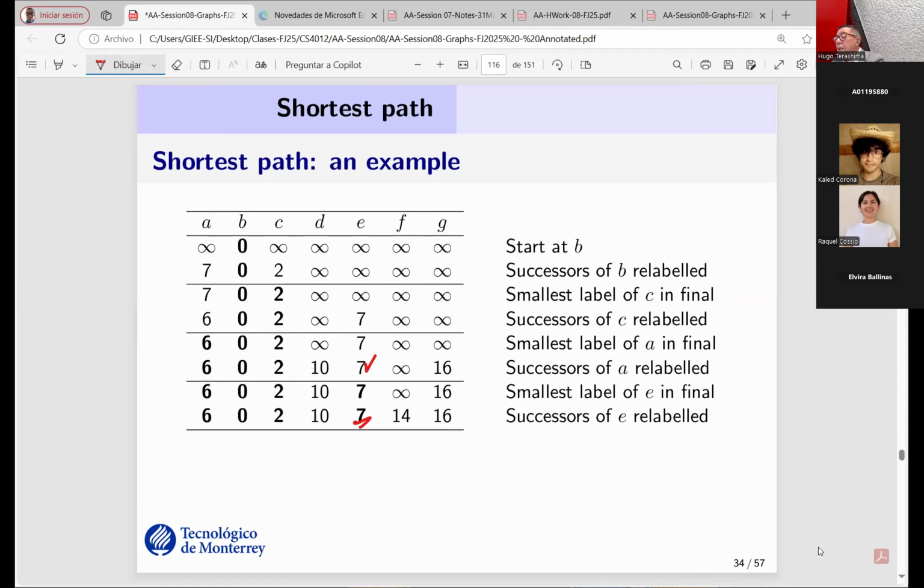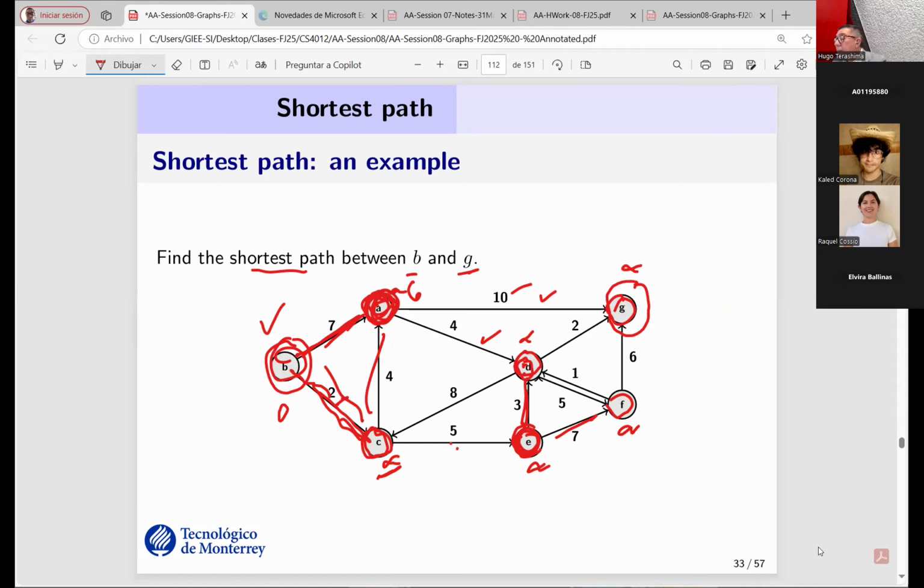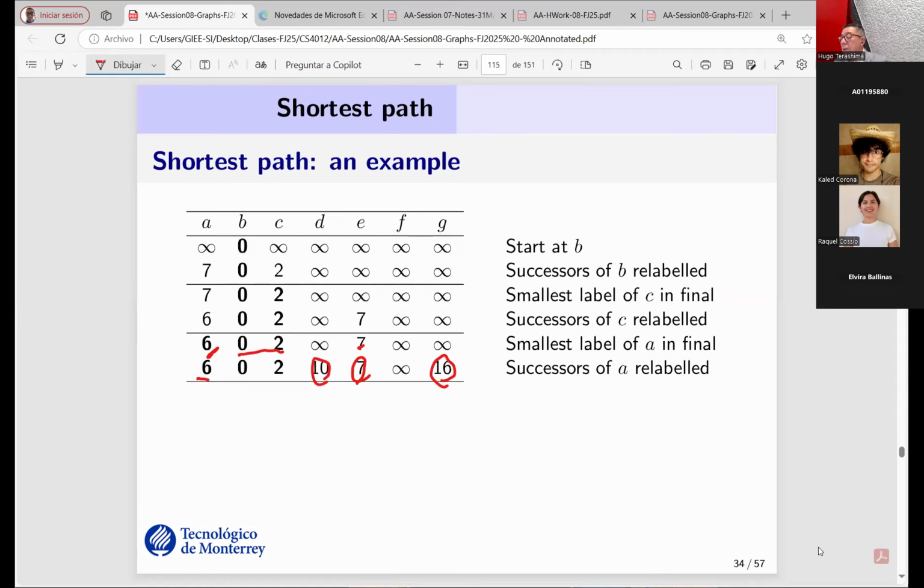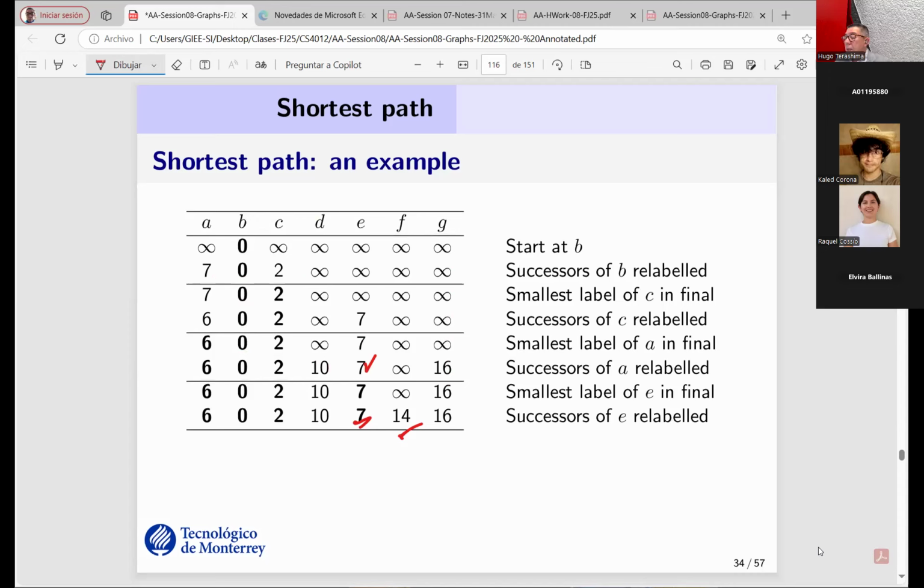And the 14 here, F is, okay, so you have here 7 plus 7 is 14, this one. So that value is going to change, right? And it's already there, and it's already there.